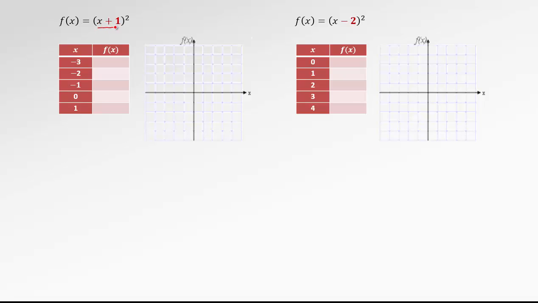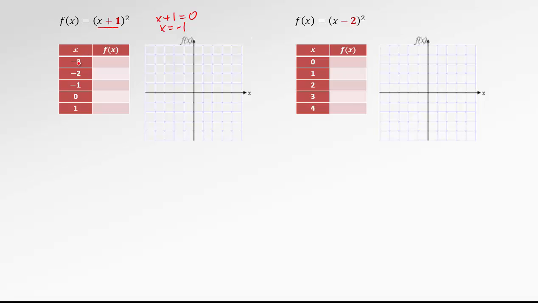But this time, the central point 0 actually refers to everything in the bracket. So if x plus 1 is 0, that really means that x is negative 1. Therefore, this x negative 1 will act as a center of our inputs. Okay, so if we start with negative 1, let's choose a couple of numbers below negative 1 and a couple above negative 1.